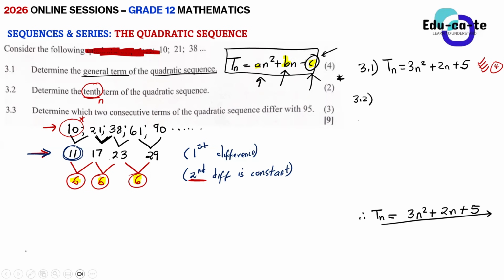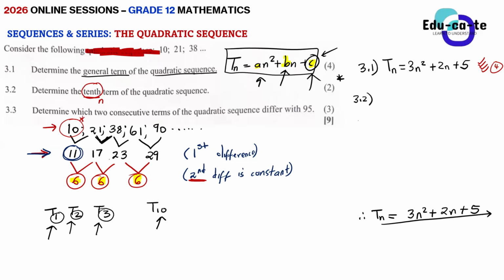Okay, so here they say determine the 10th term of the quadratic sequence. Remember, this 10th is the number of the term. It's more like we are saying term number 1, term number 2, term number 3, whereby these numbers are the positions. For example, this is the first term, this is the second term, this is the third term. If we say T10, this is the 10th term.